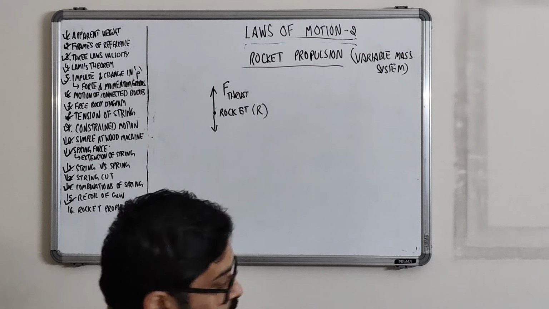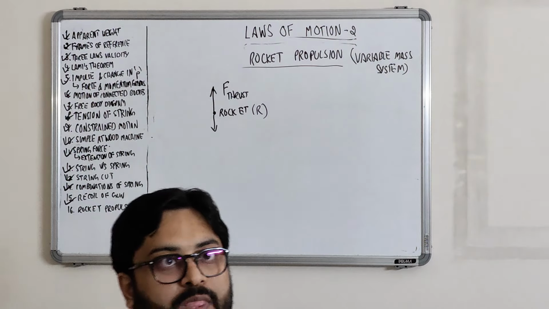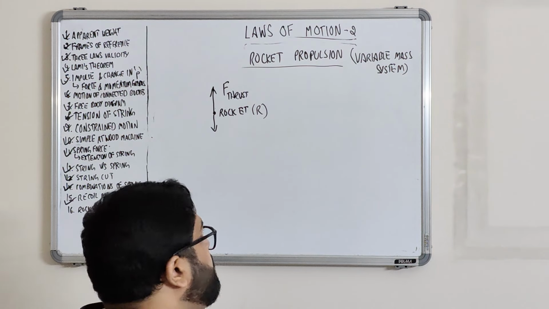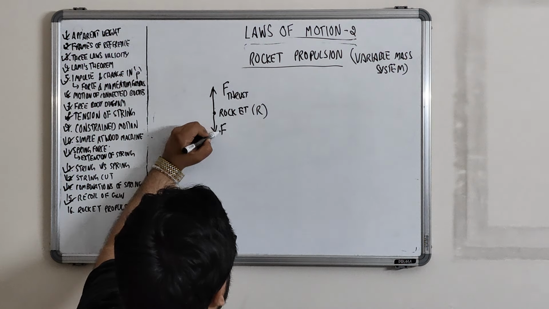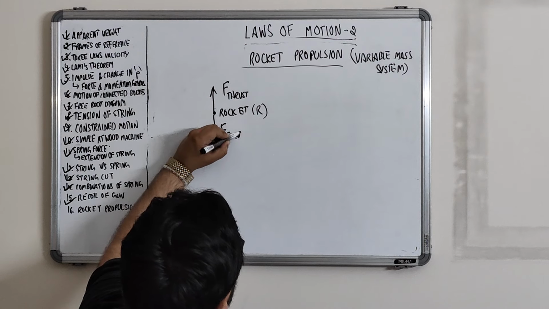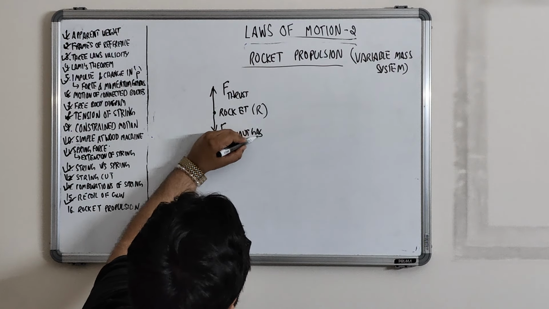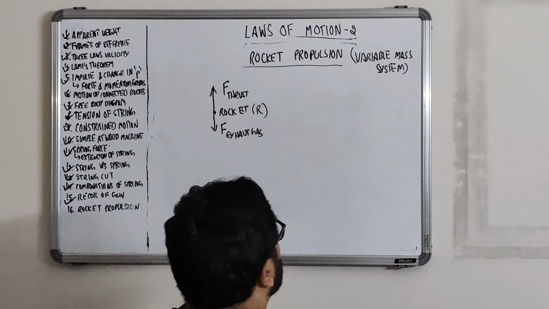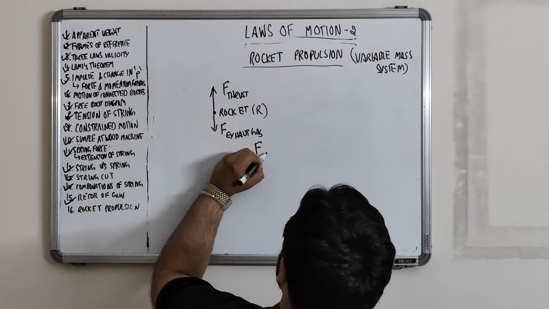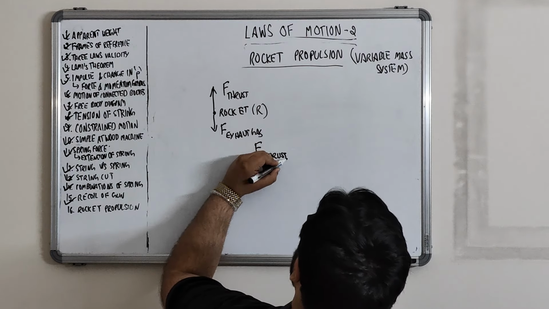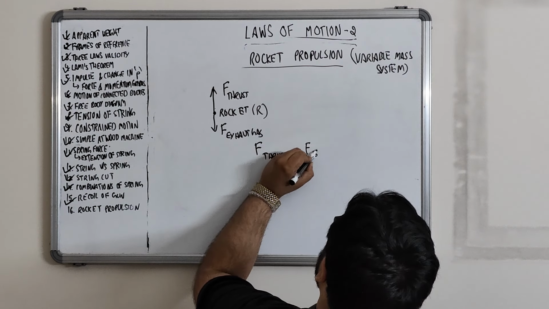which is applied to the rocket as a result of the burning of the fuel, which causes a force due to the force of exhaust gas. So force of thrust is equal to force of exhaust gas.